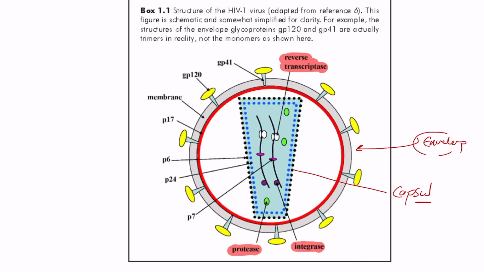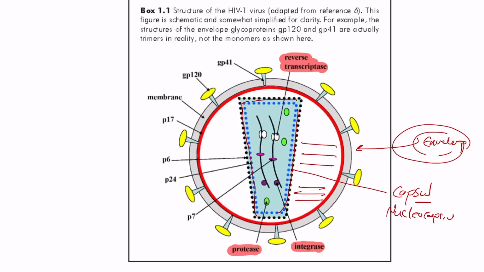The nucleocapsid contains the RNA of the virus. This cone-shaped thing is the capsid. Inside it there is the RNA of the virus, and also the three enzymes: protease, reverse transcriptase, and integrase. So we talked about the envelope on the outside, the capsid and the nucleocapsid, and in between there is the matrix of this virus.